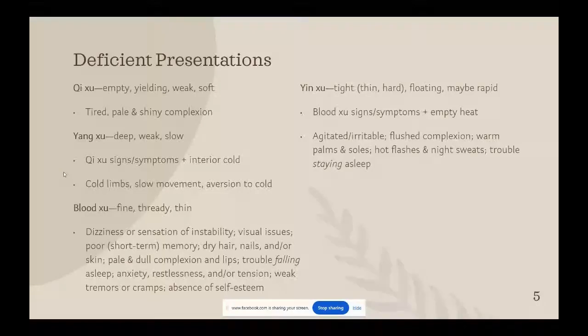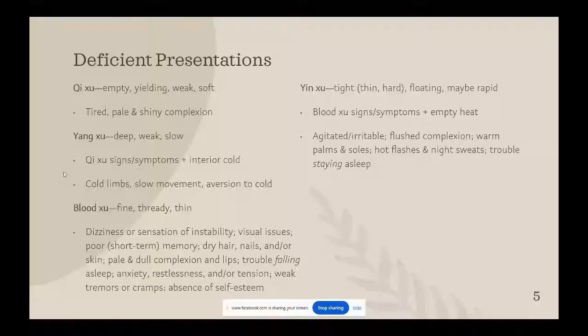So when you have trouble with that, that is indicative of blood deficiency, as well as dryness, like dry hair, nails, or skin. As we were saying before, the pallor and the dullness of the complexion, as well as the lips. Also trouble falling asleep. So I emphasized the falling asleep because with yin deficiency, there may be trouble staying asleep, more so than falling asleep.